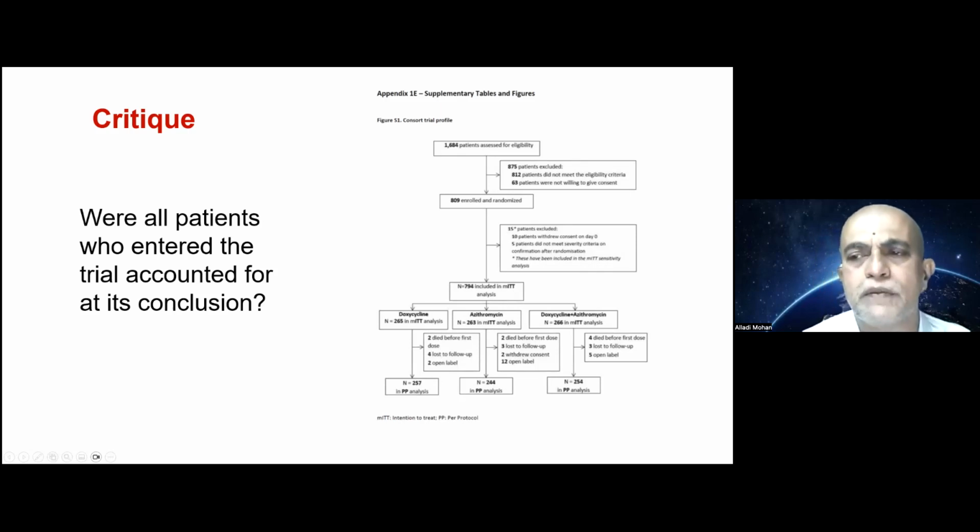A brief word about per protocol and intention to treat or modified intention to treat analysis. See, if you have a study which was conducted in 100 patients, and each patient had to do some 6 follow-up visits.